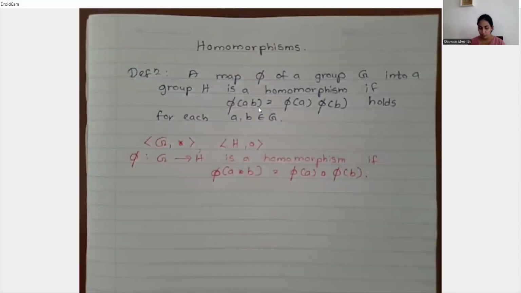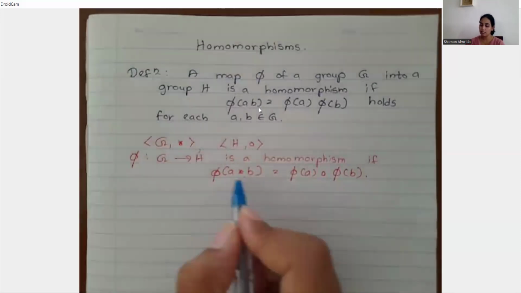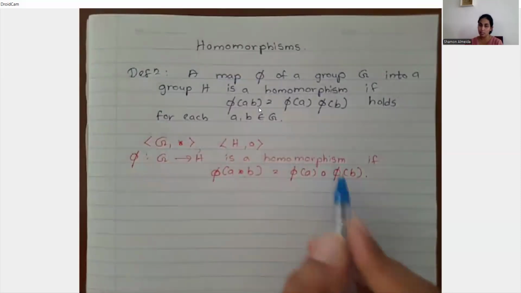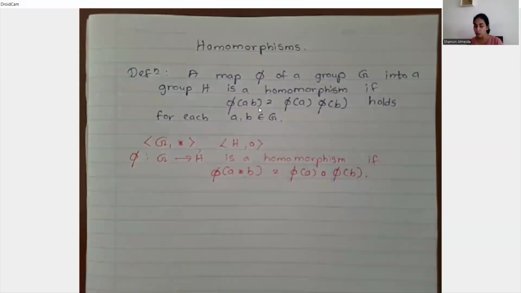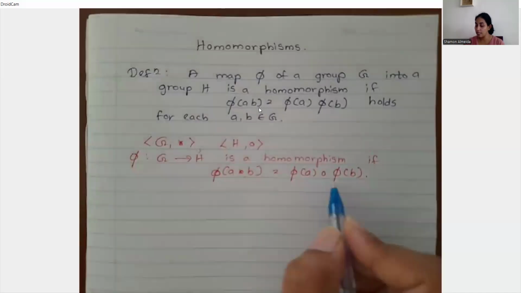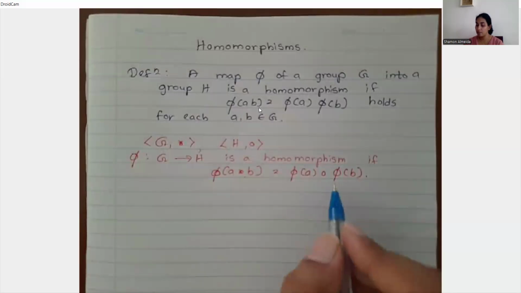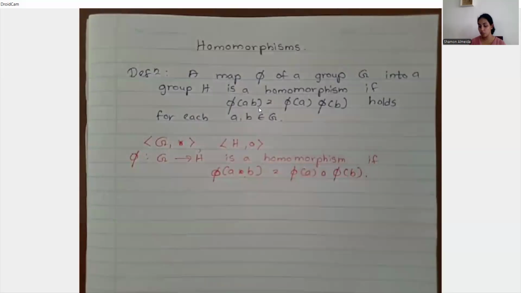This actually gives you a relation between the binary operations. You have two elements that are taken from G, apply this binary operation, and if this equation is satisfied, you get two elements in H with respect to A and B, and the product is what you get when you apply the binary operation over H, right?